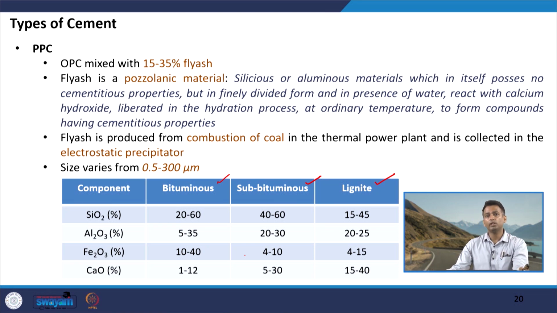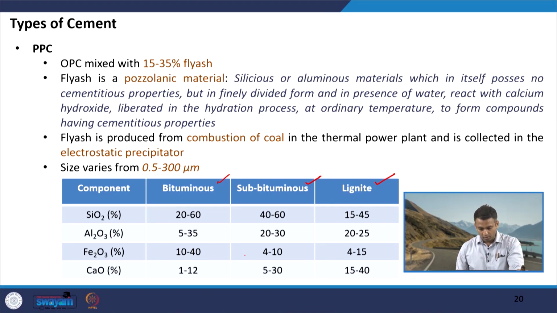So, depending on the type of coal we are using, the proportion of the silica and alumina, which are the primary ingredients that react with calcium hydroxide and then give us CSH gel, will vary. So, you can see one very interesting thing here, that in the fly ash we also have calcium oxide, some percentage of calcium oxide.